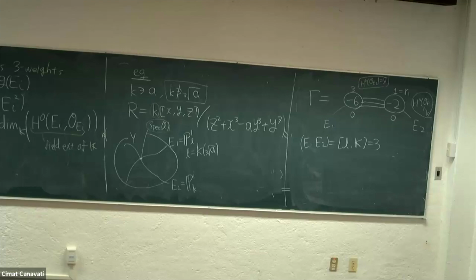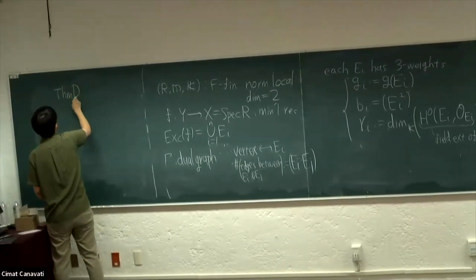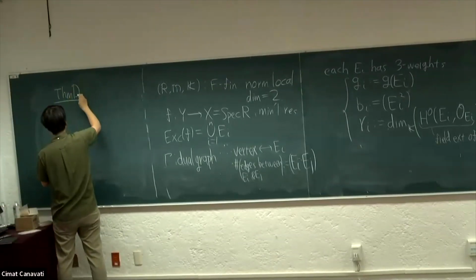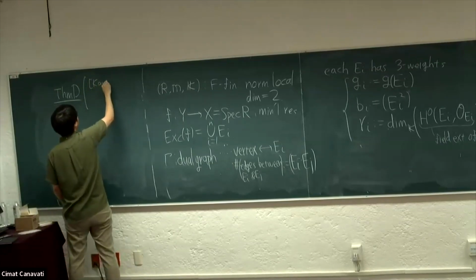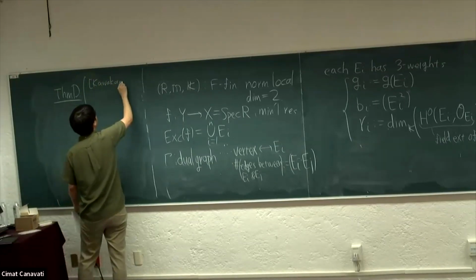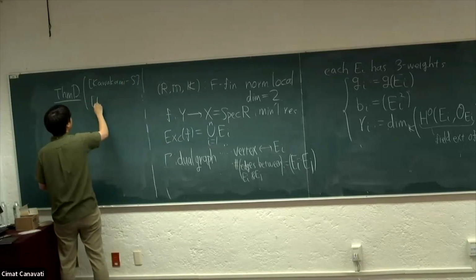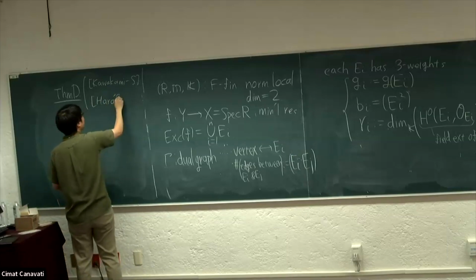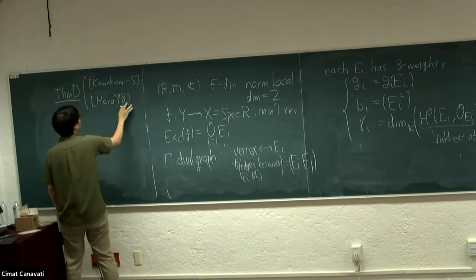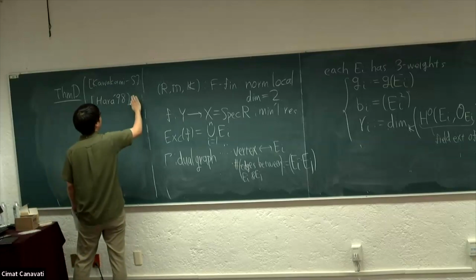So in terms of this dual graph, we obtain the classification result, which is proved by us, but Nobuo Hara proved it in '98 in the case of the algebraically closed case.